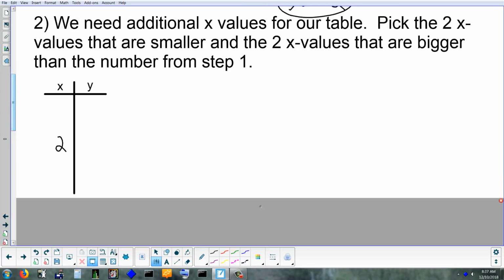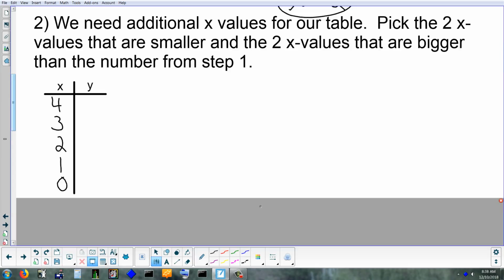So what are the next two numbers if I'm counting up? Ellie? 3 and 4. What are the two consecutive numbers that are less than 2? Ellie? 1 and 0. There's my x. So I figured it all out.